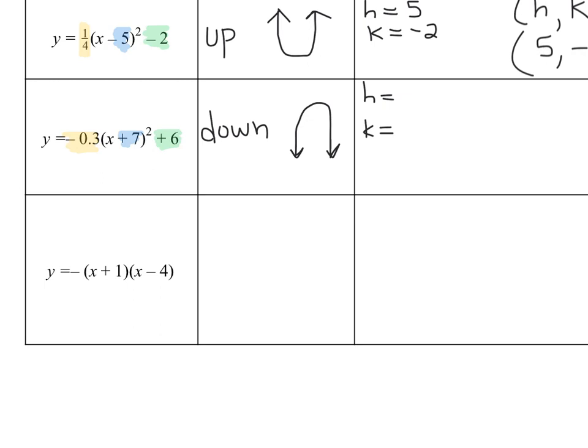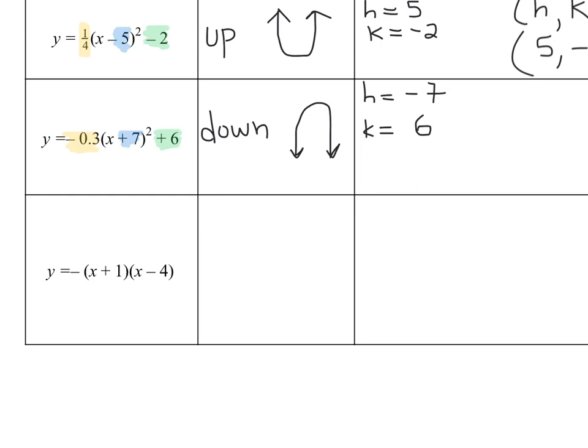Remember that we're reading our h value as the opposite of what we see. So our h value is written in the equation as a +7, but we are going to record it as a -7. Our k value, we can write it exactly how we see it. So our k value is a +6, so I'm going to record it as a 6.